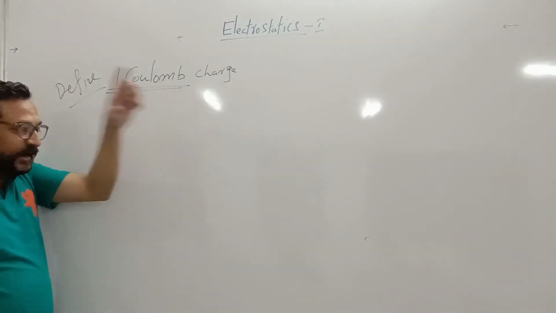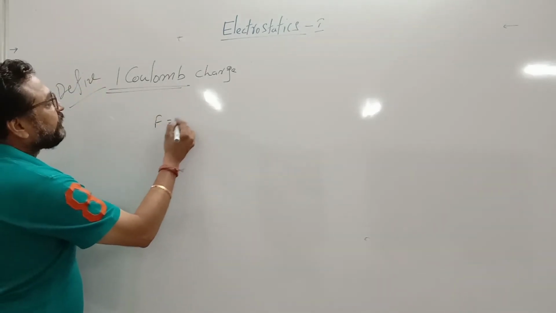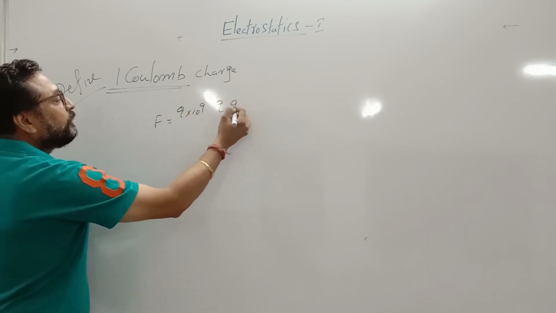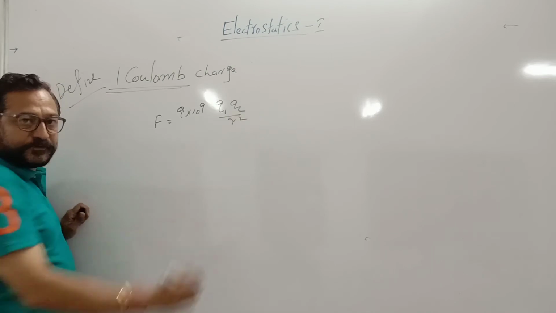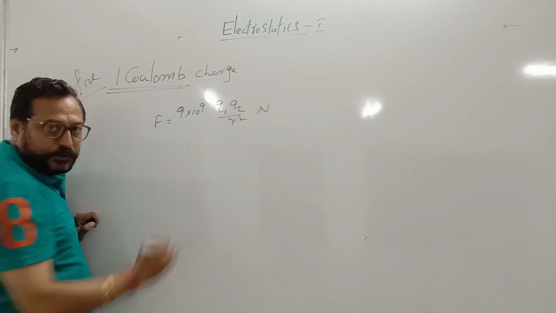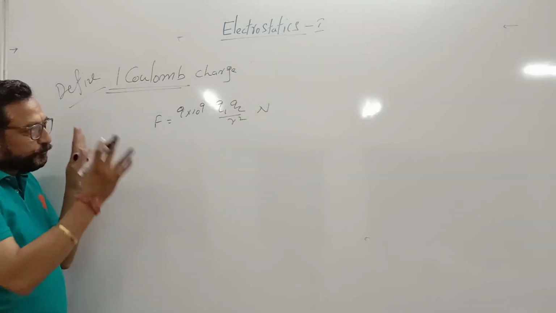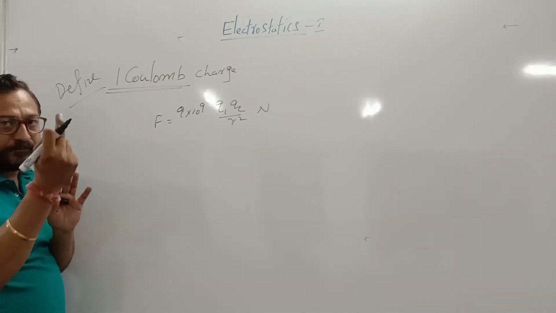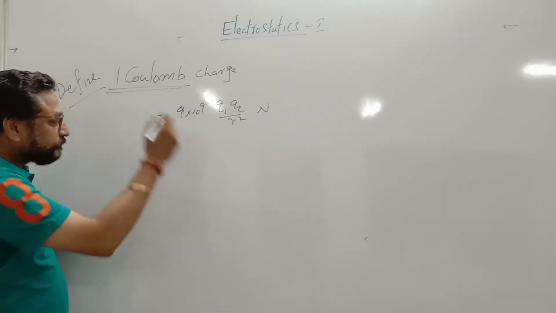Easiest formula, right? F is equal to 9 into 10 to the power 9 Q1 Q2 upon R square. It is measured in Newton. Then we put all the values together and define what is 1 Coulomb charge. Please see on that side.